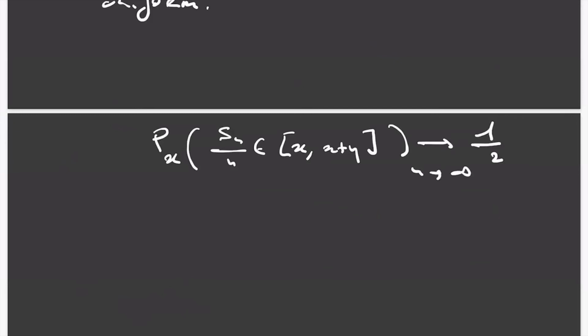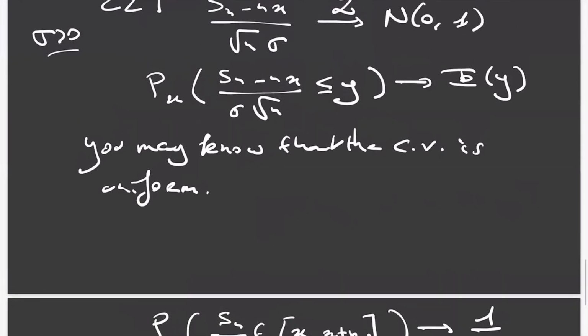It converges to the difference between the distribution function phi at plus infinity minus its value at 0.